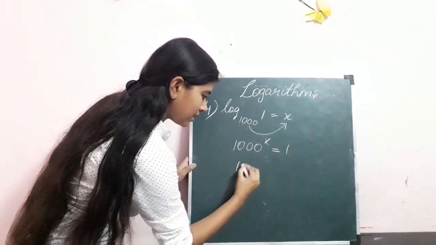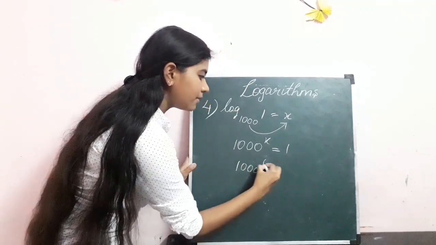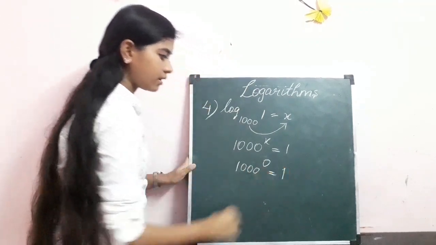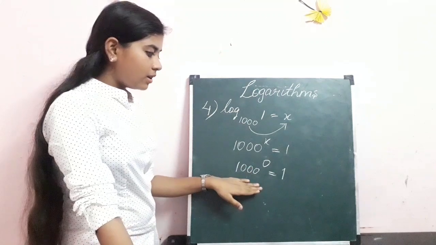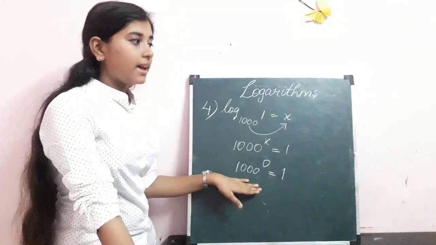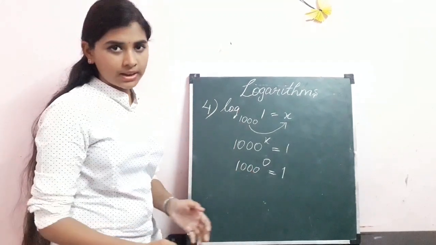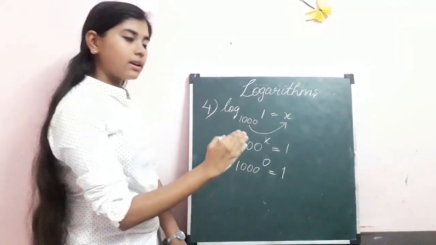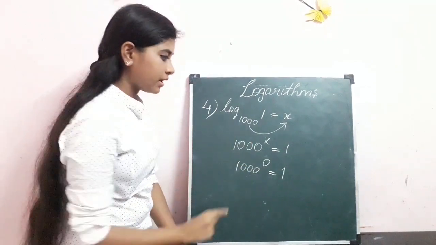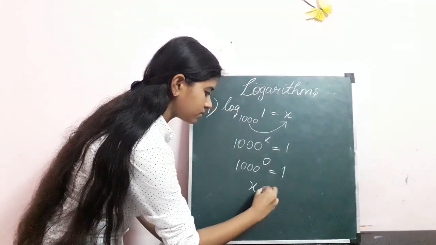So 1000 to the power 0 gives you 1. I'm not just speaking about 1000. Any number, any bigger or smaller number, any number raised to the power 0 gives you 1. So my x is 0.